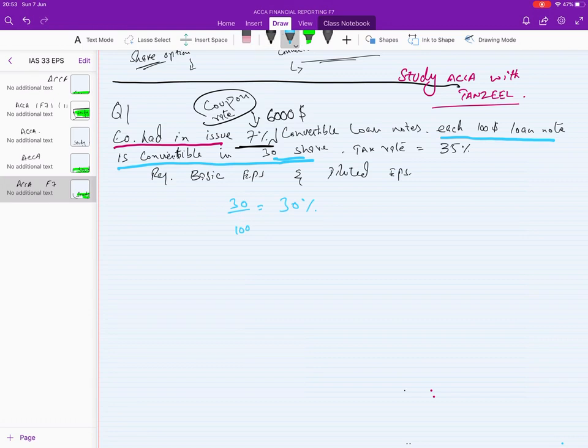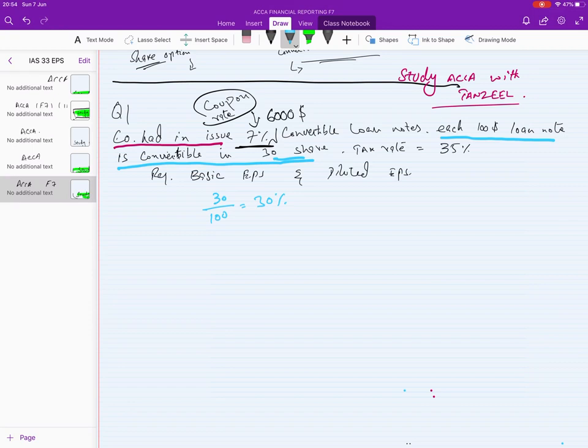It says a $100 loan note is convertible into 30 shares. You will get 30 shares if you have a $100 loan note. So it is 30%.